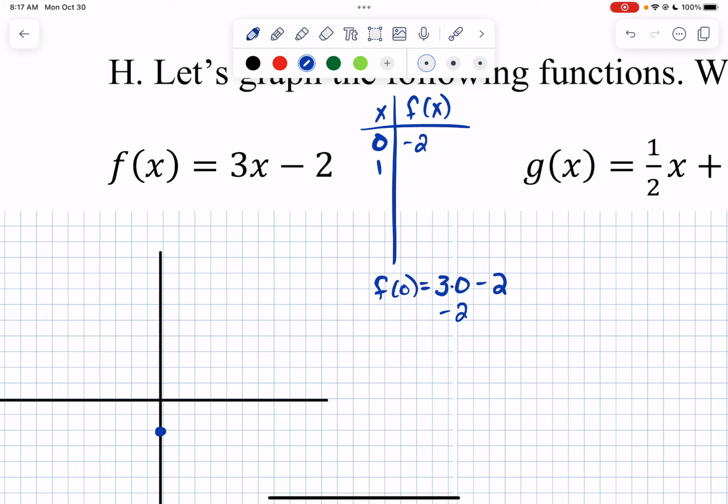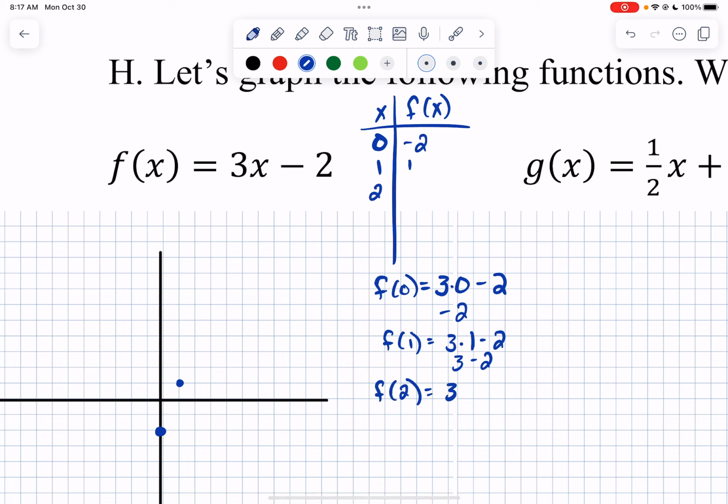Okay, so now what about we put in a 1? f of 1 is 3 times 1 minus 2. That gives me 3 minus 2, which is 1. So I have the point (1, 1). Okay. f of, I don't know, 2. 3 times 2 minus 2. 3 times 2 is 6, minus 2 is 4. So I have the point (2, 4).